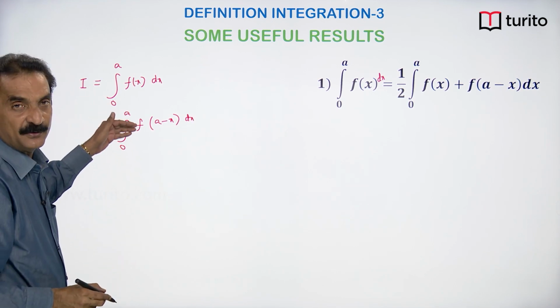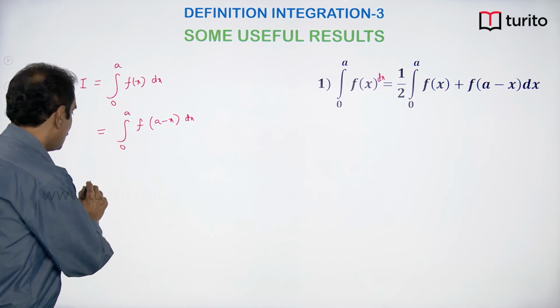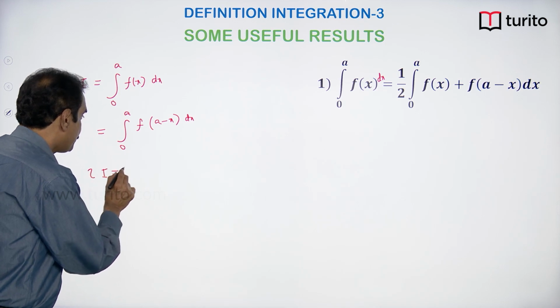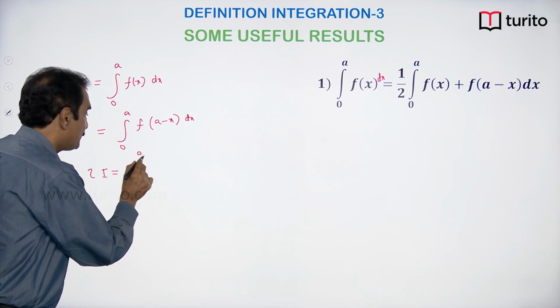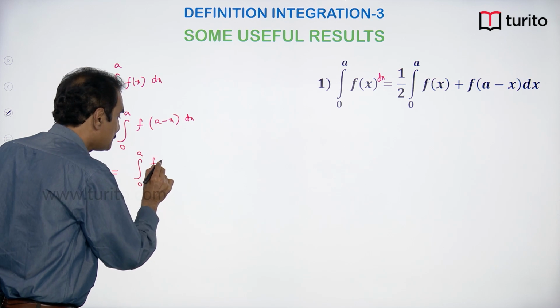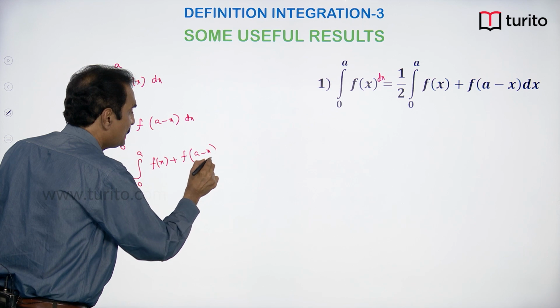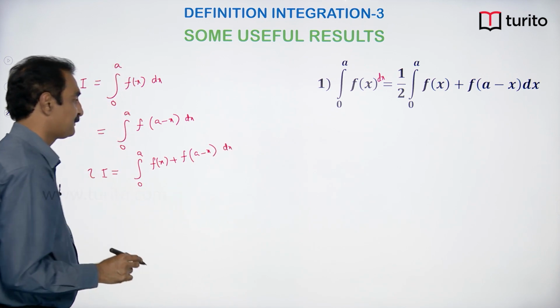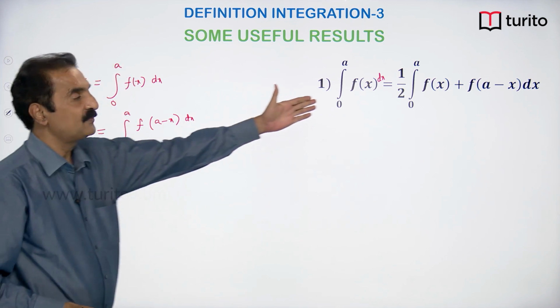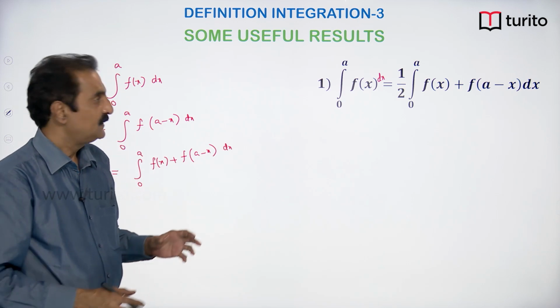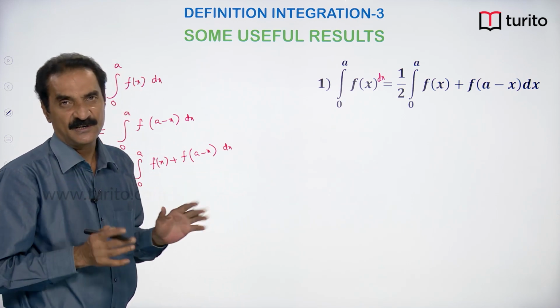Then immediately what will you do? You will add the two integrals. 2I is equal to integral 0 to a f of x plus f of a minus x dx. Dividing by 2, you will get this property. It is not a property, it is just a shortcut.